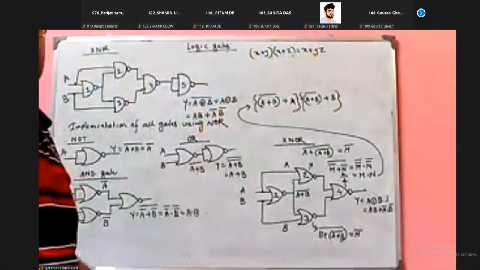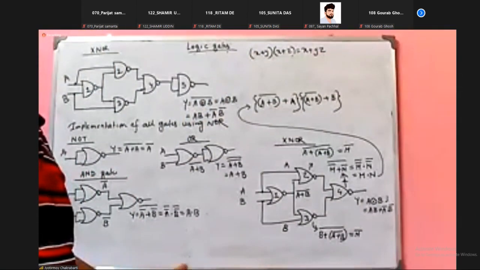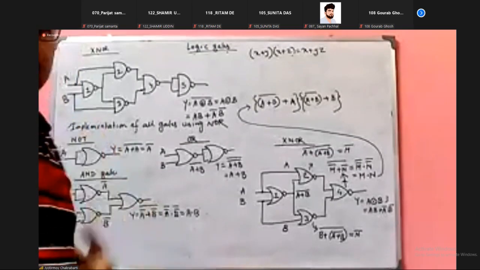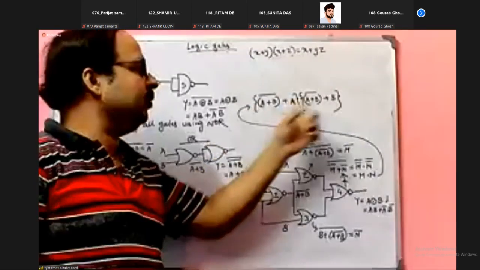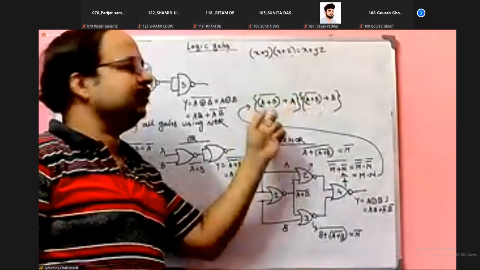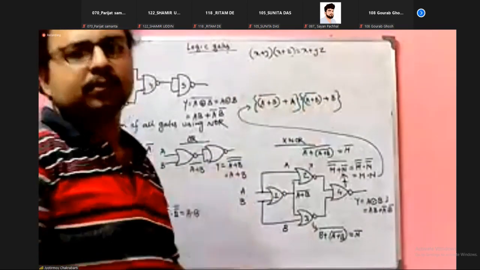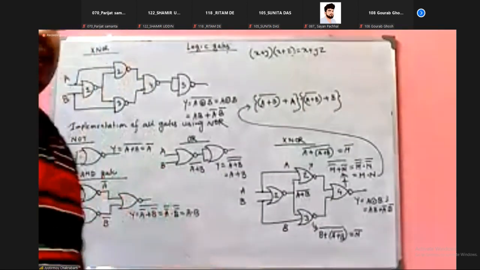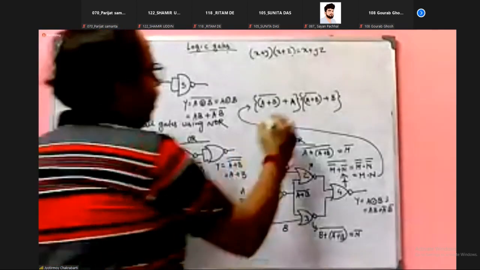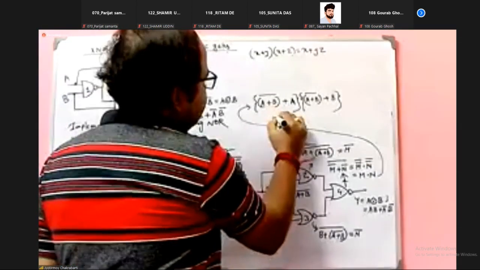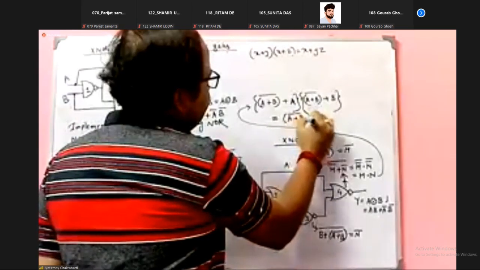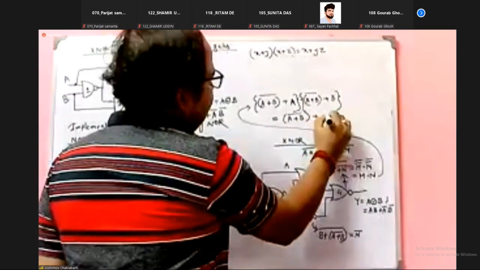X. So here what is the common factor? A plus B bar. So from this distributive law, it is equal to (A plus B bar) plus A dot B.